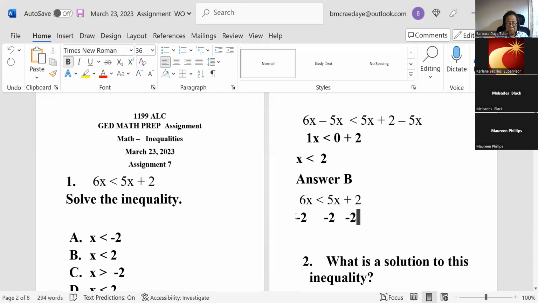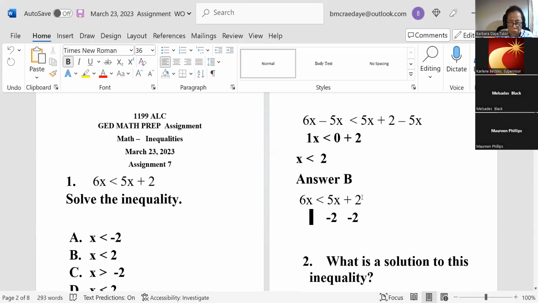When I canceled the 2 over there. Wait a minute, Mercedes. What did you do over the left side? Did you have a 2 here? No, you didn't have this. Okay. What I do, I bring down the 6x. Now, Mercedes, to keep an inequality in balance or an equation in balance, what you do to the left side, you do to the right.